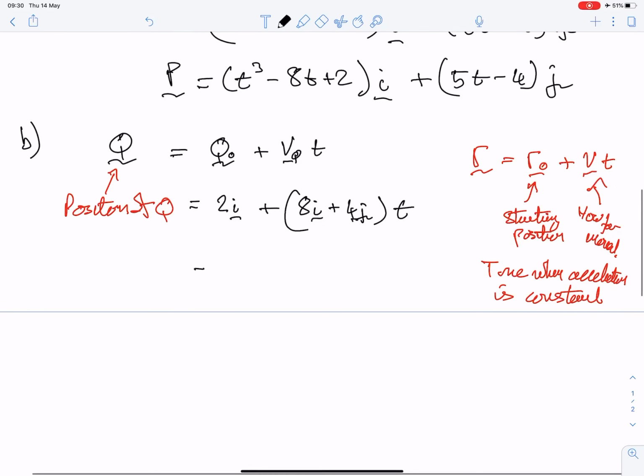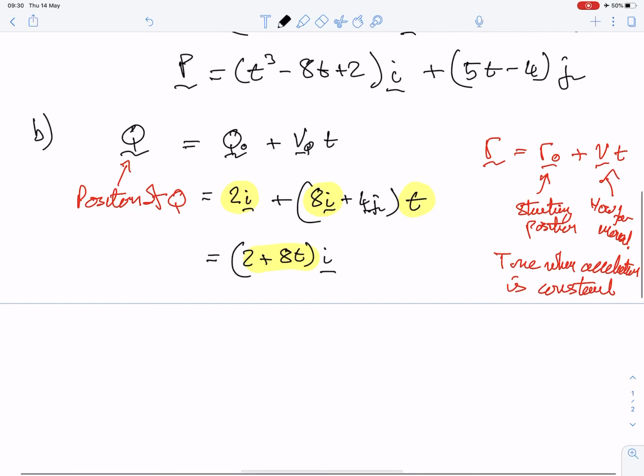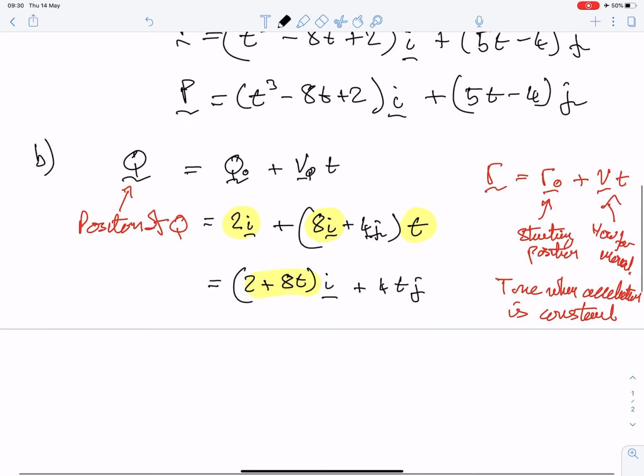We usually collect the vectors together, so the i components together, so we're going to get 2 plus 8t lots of i from here. That's an i component, that's an i component, t to give us that, plus 4t lots of j. So that's got the position of Q as a function of t.